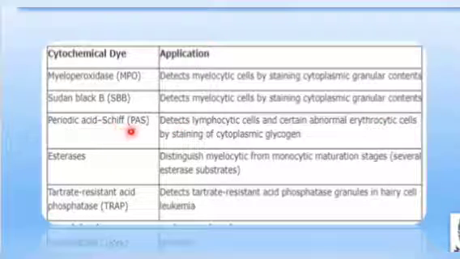Then we have periodic acid Schiff, that is PAS, which detects lymphocytic cells and certain abnormal erythrocytic cells by staining of cytoplasmic glycogen. Here we have esterases, and they distinguish myelocytic from monocytic maturation stages. Several esterase substrates, and then we have tartrate resistant acid phosphatase. We call it TRAP, and it detects tartrate resistant acid phosphatase granules in hairy cell leukemias.